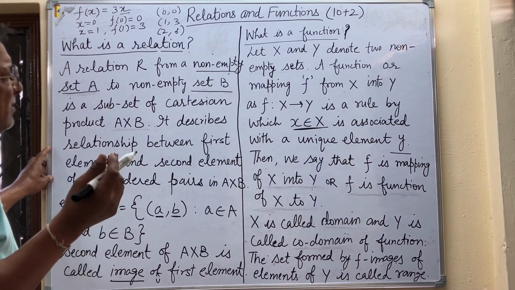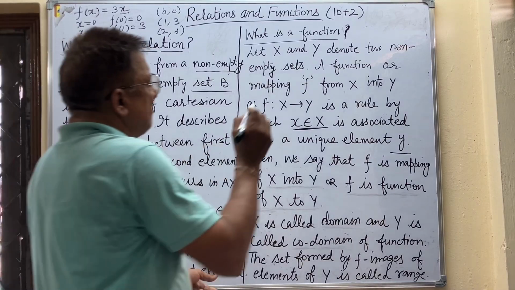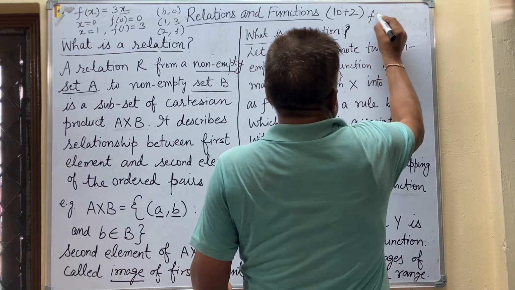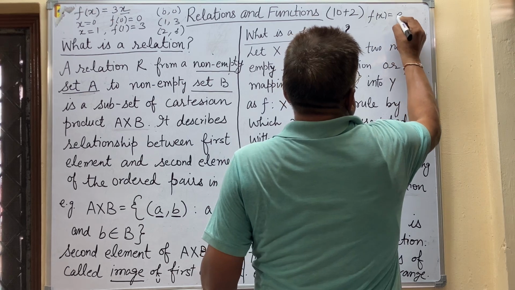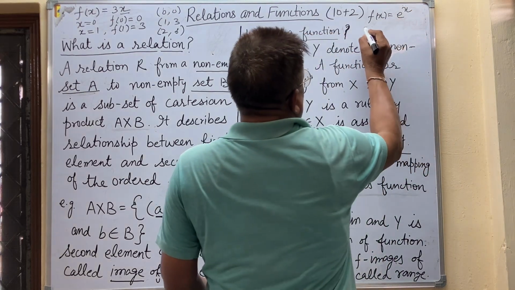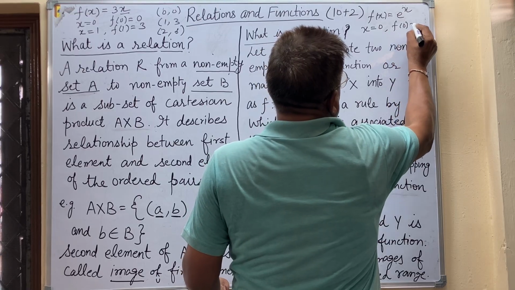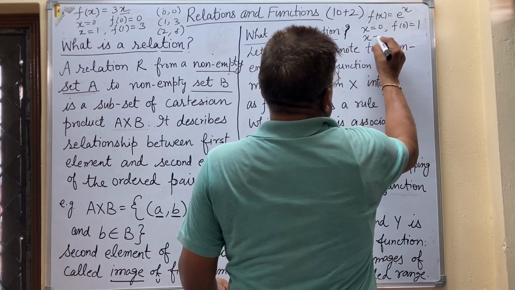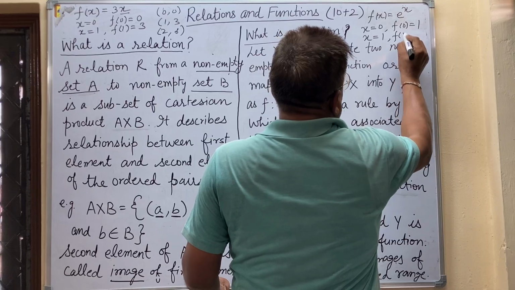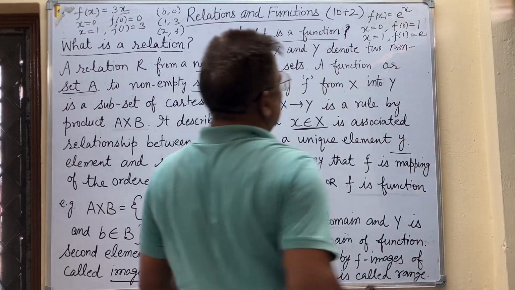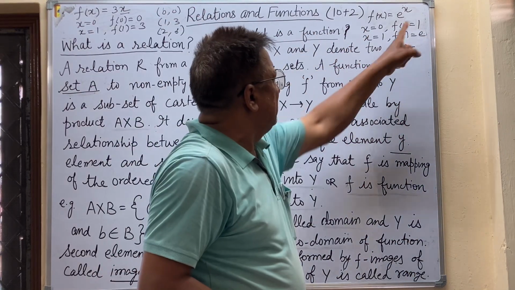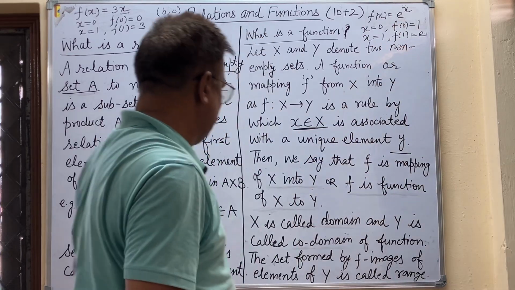We can take another example. For example, f(x) equal to e raised to power x. x equal to 0, f(0) equal to 1. x equal to 1, f(1) equal to e. Now the pairs are (0, 1), (1, e), etc.